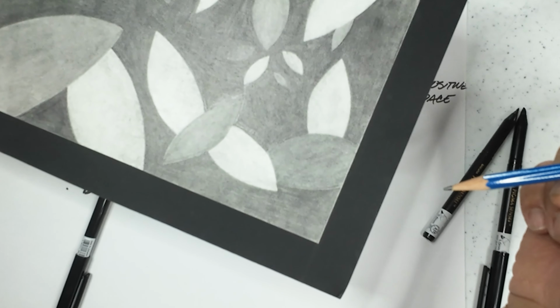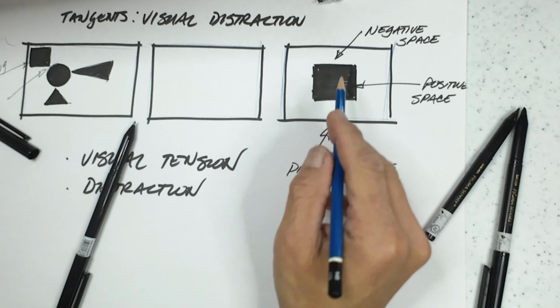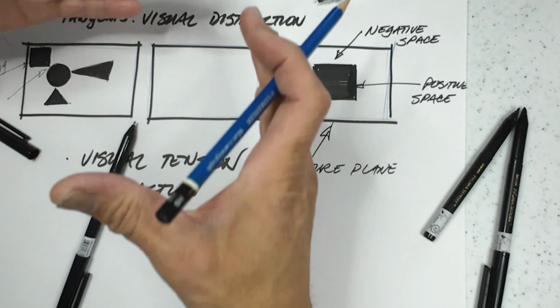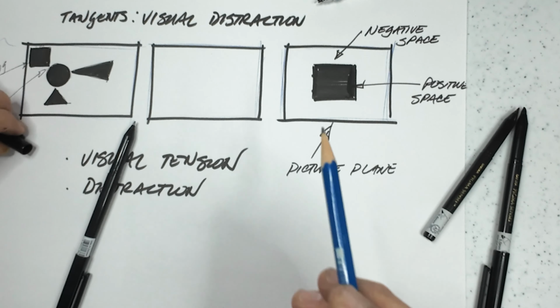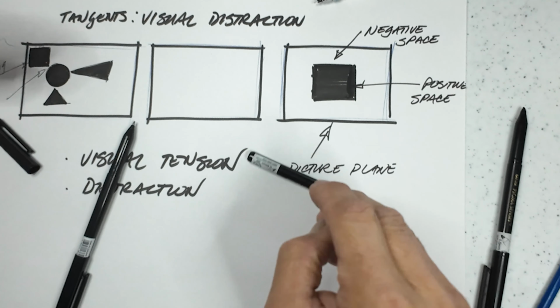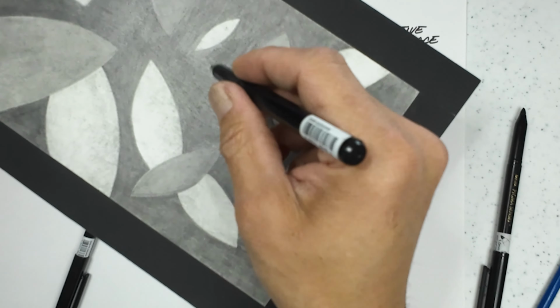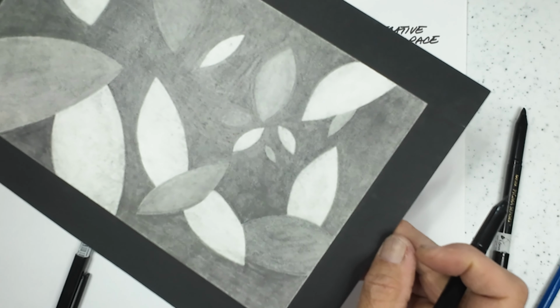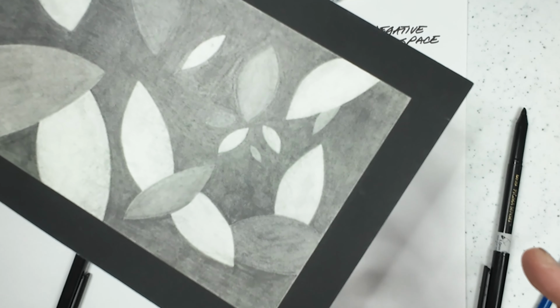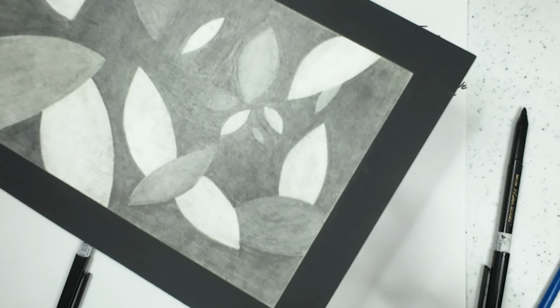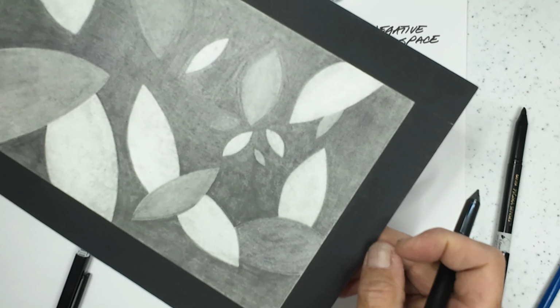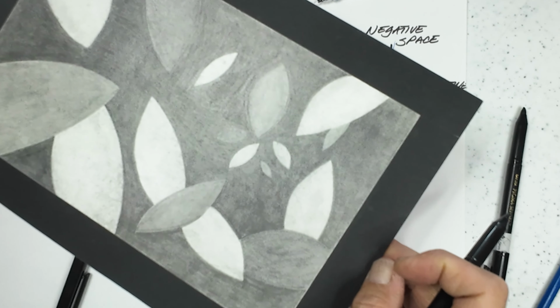Now you can't have one without the other. Anytime you put a shape into a space, you're creating positive space, it's taking up positive space, and you're also creating negative space. Now, the negative space is also a design feature. So how you design negative space is also important too. They actually go hand in hand.